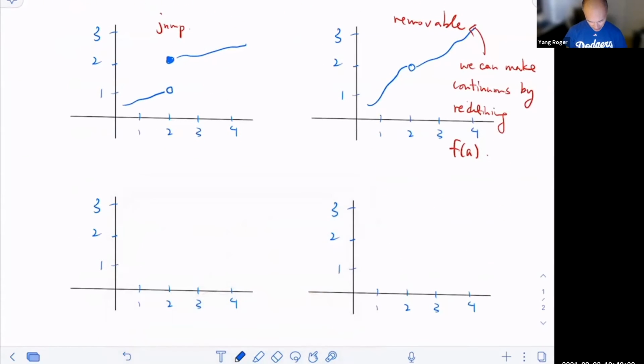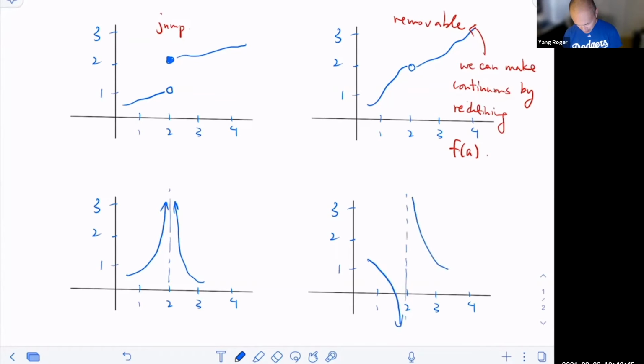So if I have something that looks like this, and maybe this guy comes up like this, and this guy comes up like this, or it could go like this, it could come down like this, and this guy could come up like this. These two guys are examples of something that we call an infinite discontinuity, right? So this is infinite. In other words, I'm trying to graph this guy.